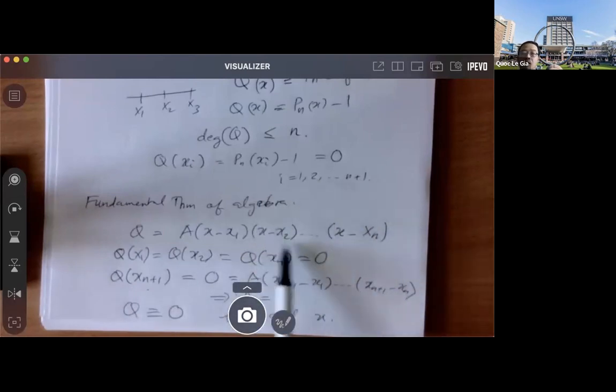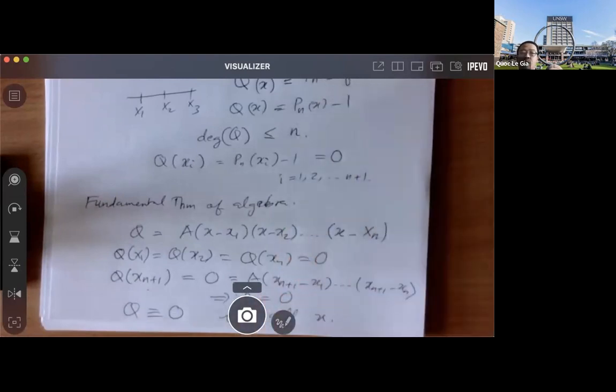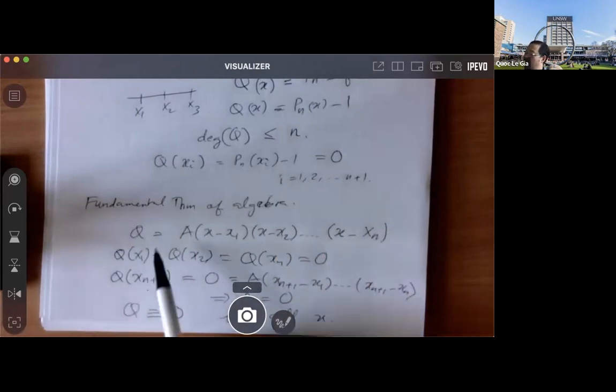Otherwise, you cannot use the fundamental theorem of algebra. And when Q equals 0, that means Pn has to be identically 1. Without the precise degree n, and the point x(n+1) also being an interpolation point, you cannot have this property.